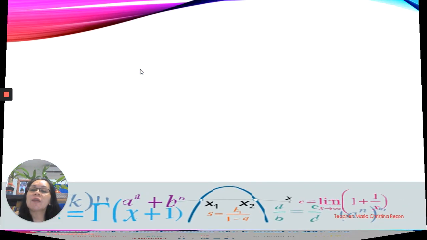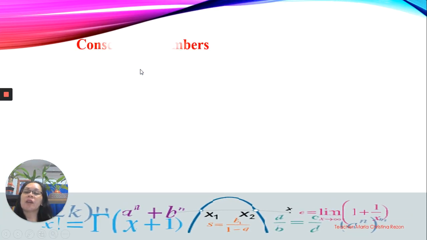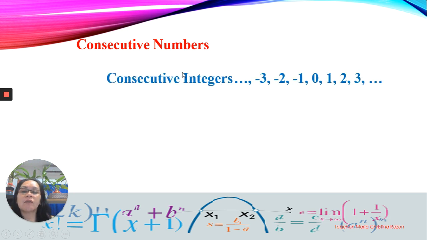Then we have another number here, consecutive numbers. What are consecutive numbers? Numbers that are written one after the other. It's like counting 1, 2, 3, 4, and so on. Those are consecutive numbers. So, an example of consecutive numbers, you have consecutive integers.